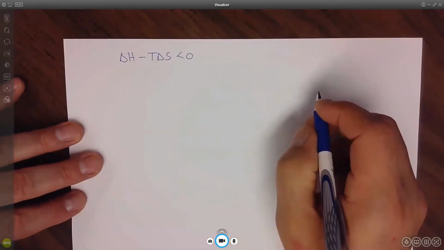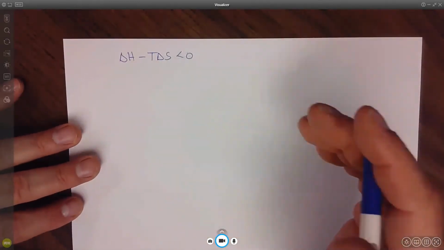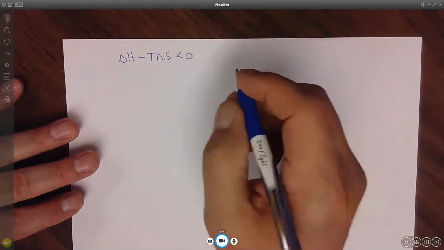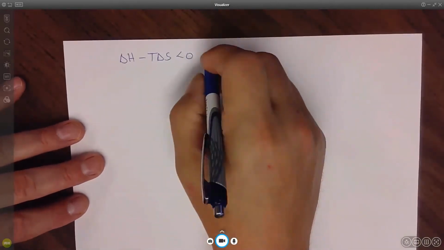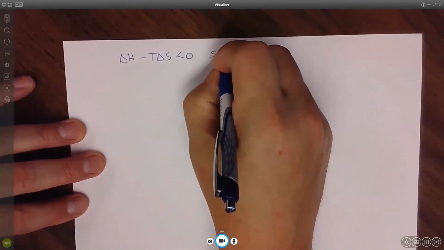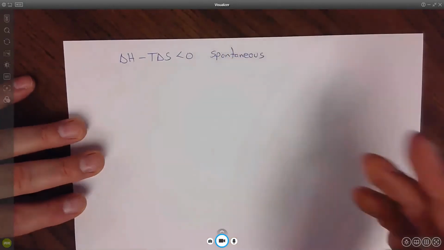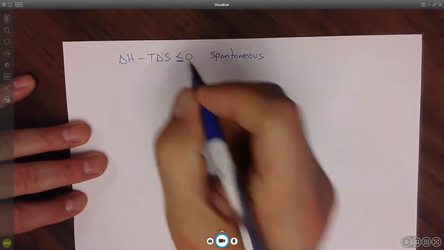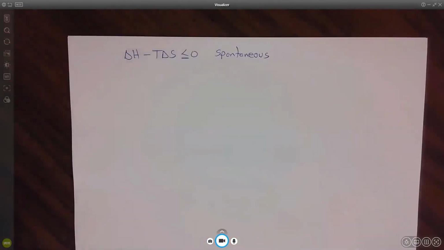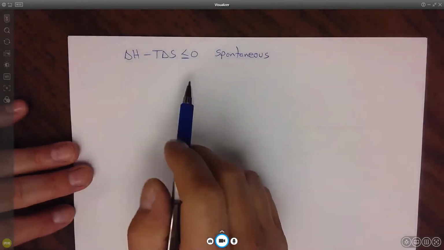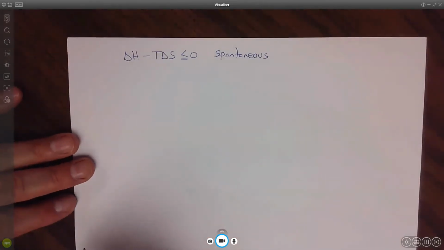In other words, if it's negative, it's going to be spontaneous. Now later on, we changed that. If it's equal to 0, nothing happening, or a chemical reaction being at equilibrium, is spontaneous. So it's got to be less than or equal to 0 to be spontaneous.